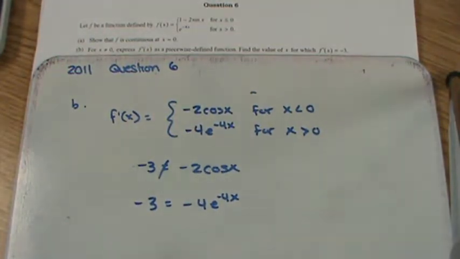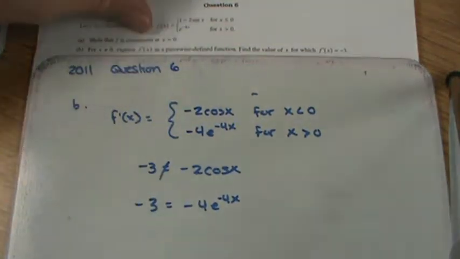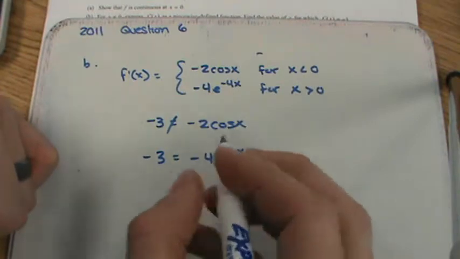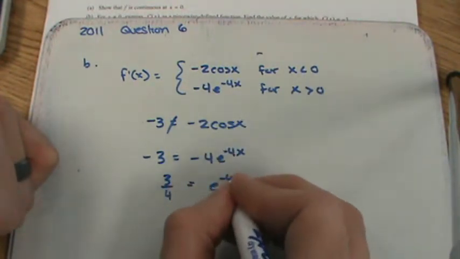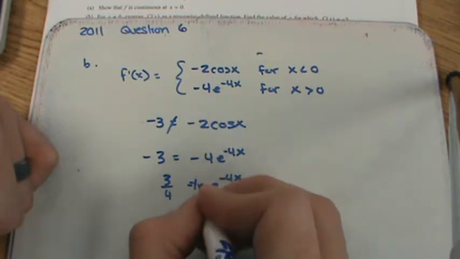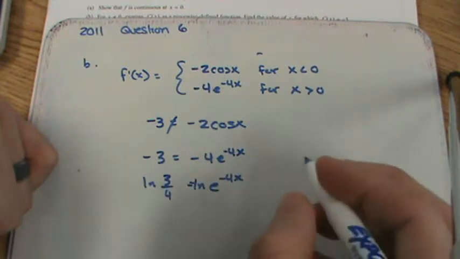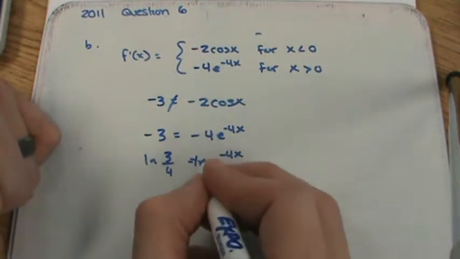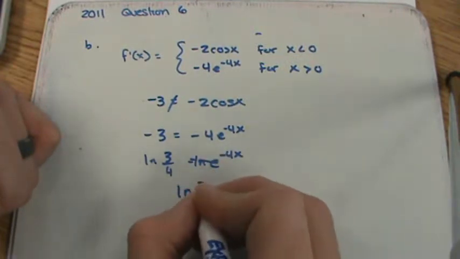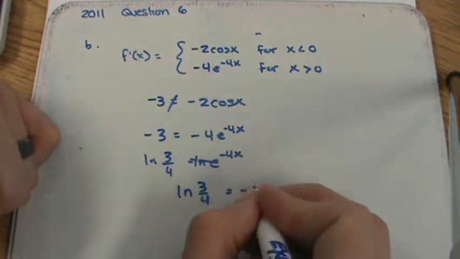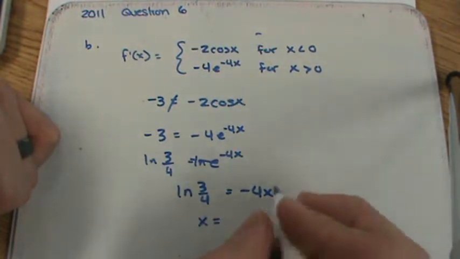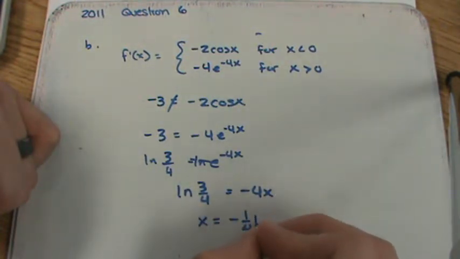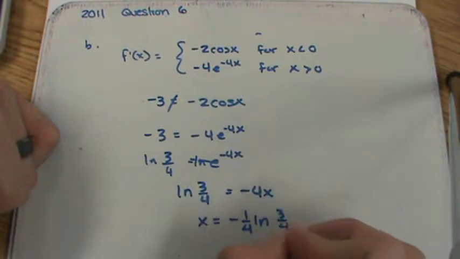So if we solve for this, we're going to divide by negative 4, which gives us positive 3/4 equals e to the negative 4x. Take the natural log of both sides, and that cancels out our e. Natural log of 3/4 equals negative 4x, and divide by negative 4, and we find out that x equals negative 1/4 natural log of 3/4.